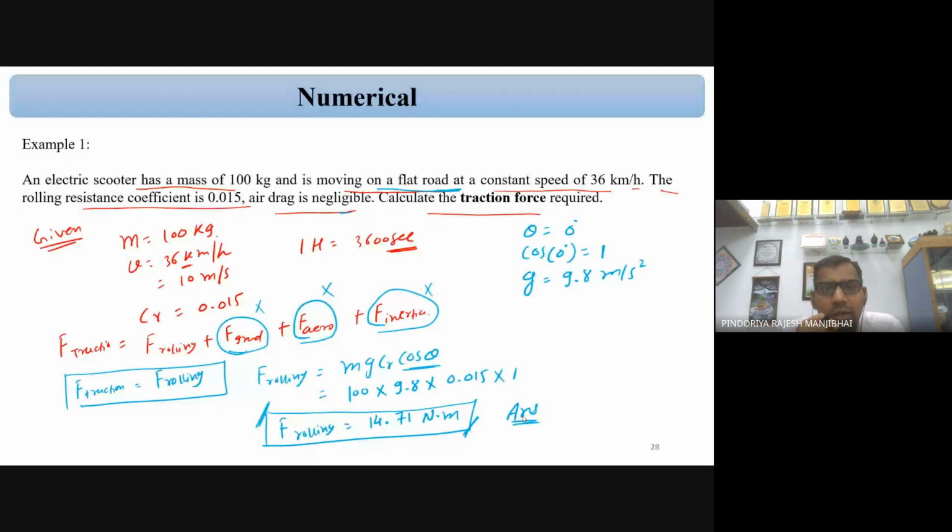The weight is 100 kilogram, moving on the flat road at a constant speed of 36 kilometer per hour. So there is no use, no need to convert. Here I converted because the standard unit is meter per second. 1 hour is 3600 seconds. If you don't want to convert, no need, because velocity is not required in the formula.